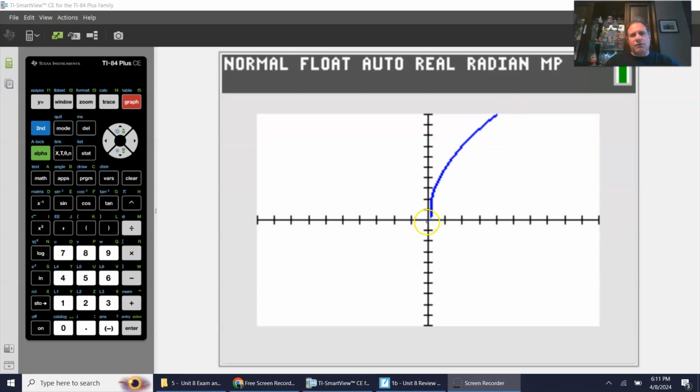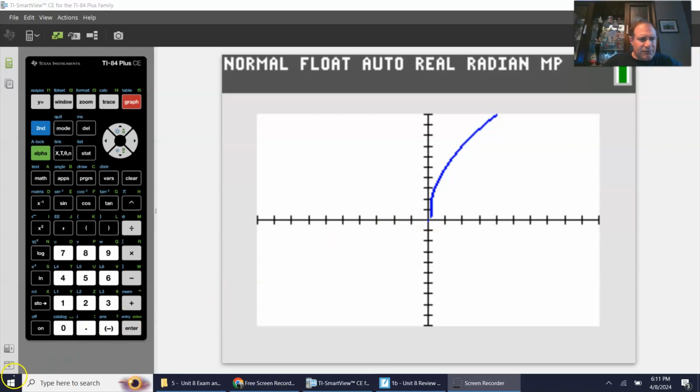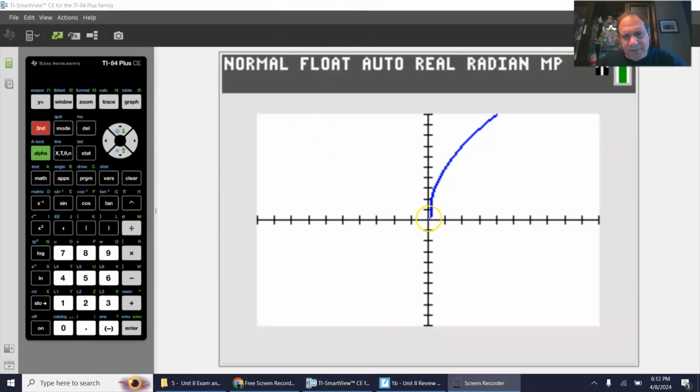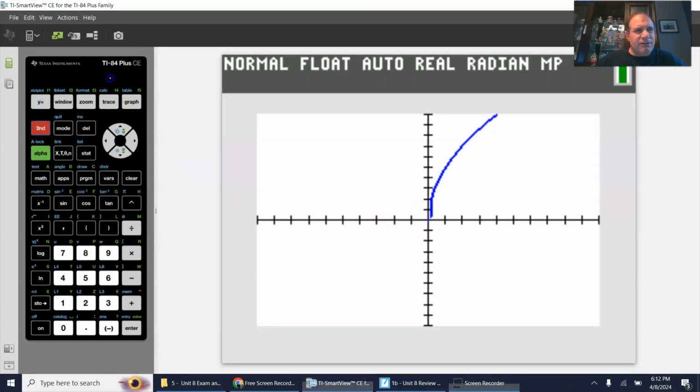So first, we're going to see what the leftmost portion of x is. It gets close to 0, but it doesn't seem like it touches 0. Do you see the graph is right here and it looks like it almost might touch 0?